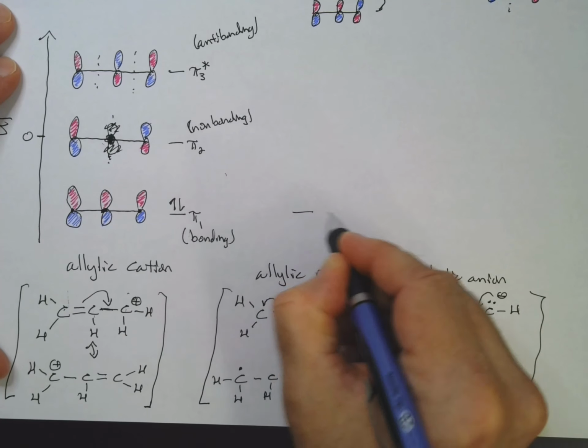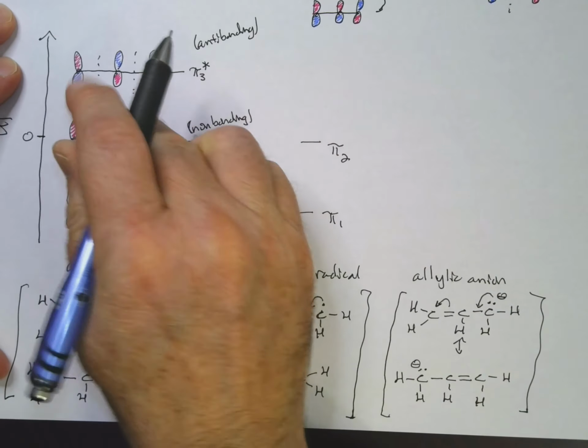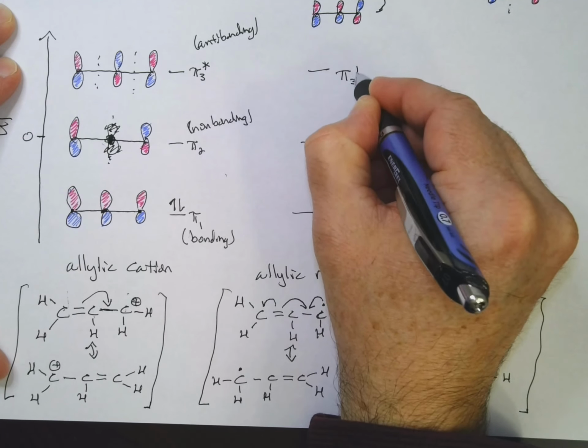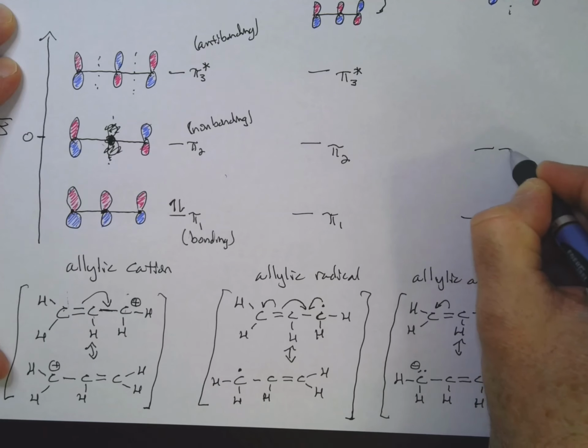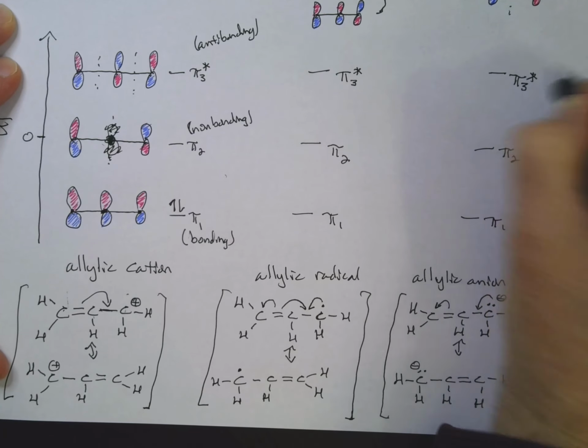Now if I go ahead and look at my, I'm not going to draw these because they're going to look the same. My orbitals look the same. But the number of electrons I have in each orbital is going to be different for the different systems.